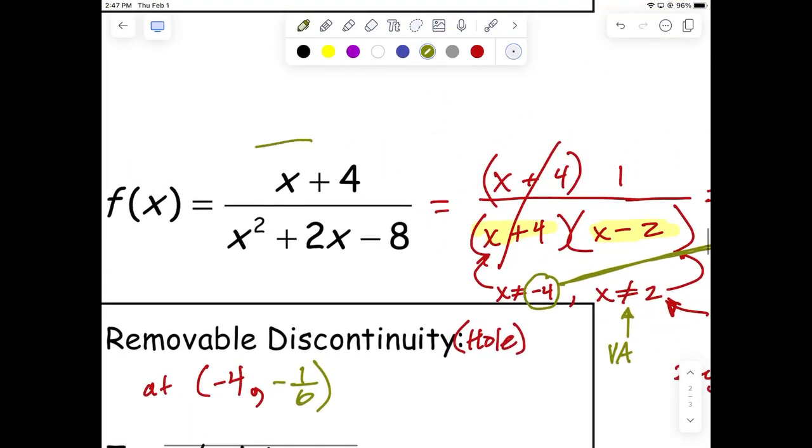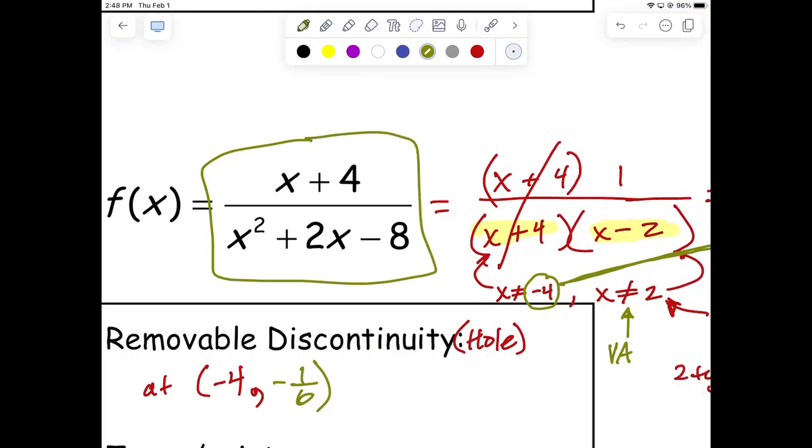I come back here to the original version, and I compare the leading coefficients. Or the leading terms. There's the leading term. There's the leading term. You get a horizontal asymptote in two cases. When the degrees are the same, is that the case here? Are these degrees the same? No. Or when the bottom is bigger, is that the case here? Yes.